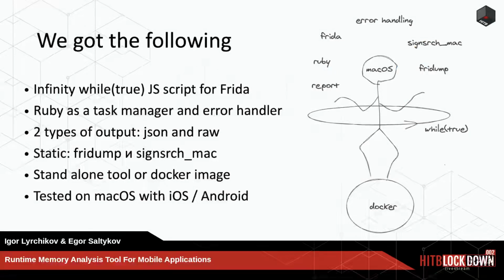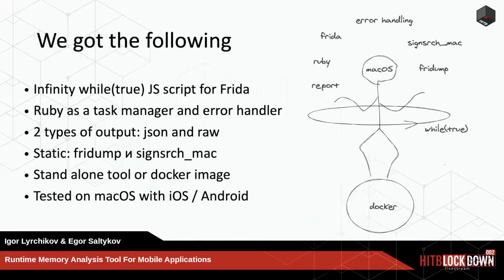Let me summarize what we have achieved, and we will move on to the equally interesting part about Docker. First, a memory tracker with the ability to change the search dictionary without any interruptions during execution.